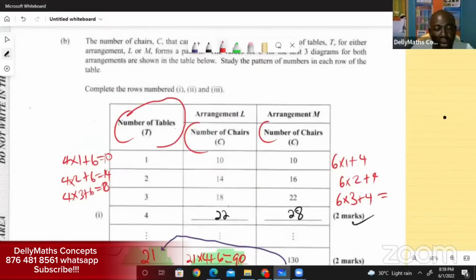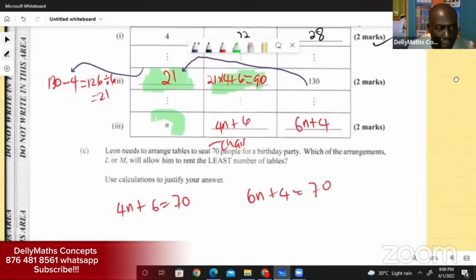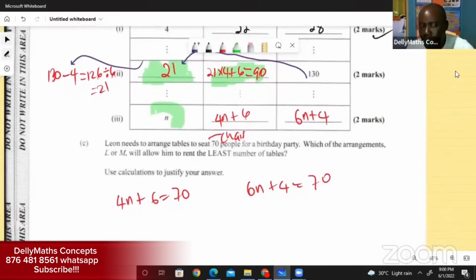All right, so that's what they're looking for: the least number of tables. N is in that column. So you just say, oh, 4n plus 6 equals 70, and 6n plus 4 equals 70, and then we solve to see which one works out.